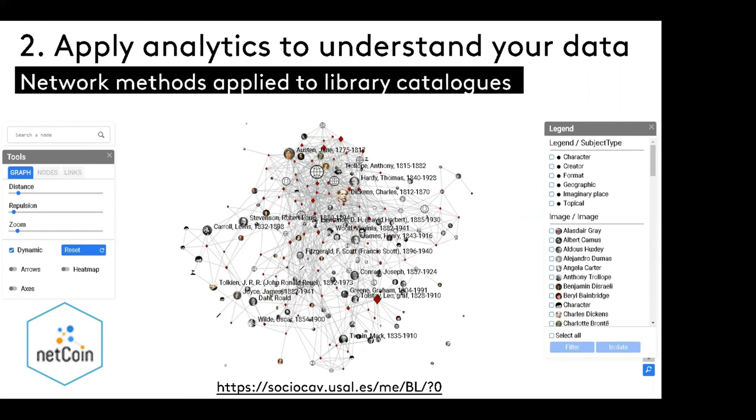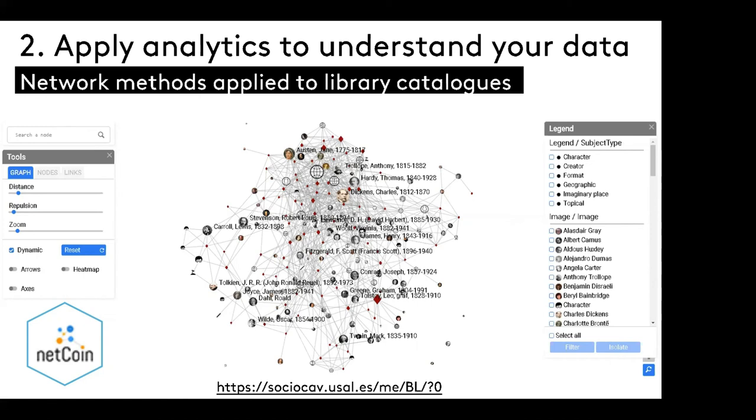This is something we did when we participated in one of the British Library Labs Awards some time ago. The British Library shares the British National Bibliography, which is a catalog of all the books that have been published in the UK since the 1960s.